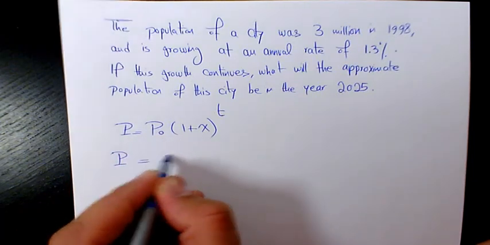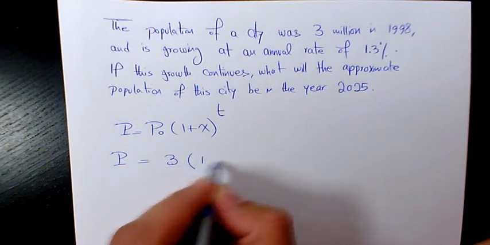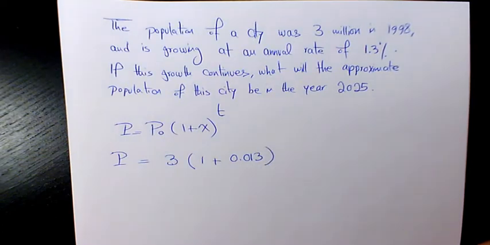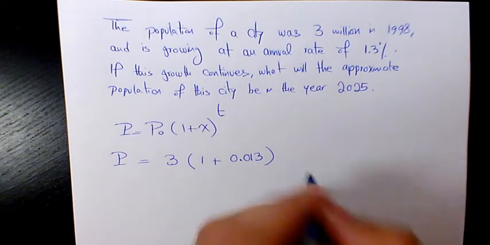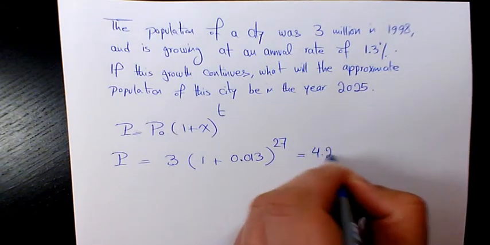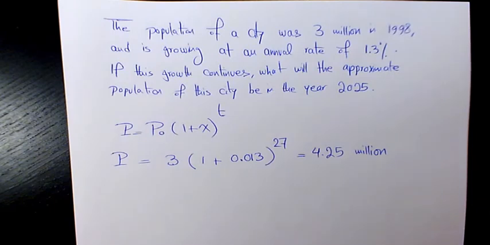Initial population 3 million, I keep it as 3. 1 plus 0.013 for 1.3% to the power of T. T is 2025 subtract 1998, that's going to be 27. So 1.013 to the power of 27 times 3, it is going to give me 4.25 million. So that's going to be the population in 2025.